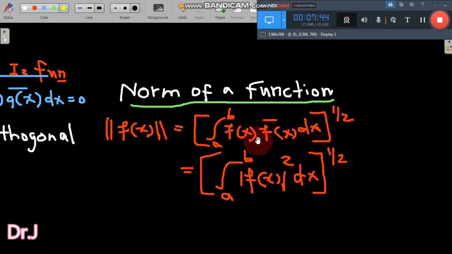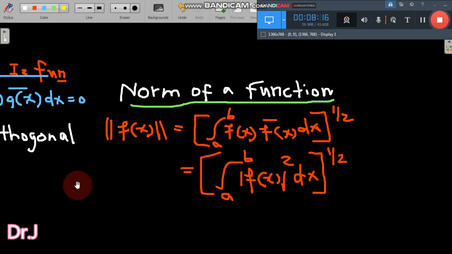That value is called the norm of the function f of x. Otherwise we can say that f of x times the conjugate of f of x is the absolute value of f of x squared, and you take the square root of its integral, and that is called the norm of a function.